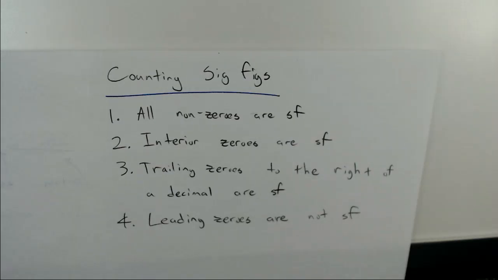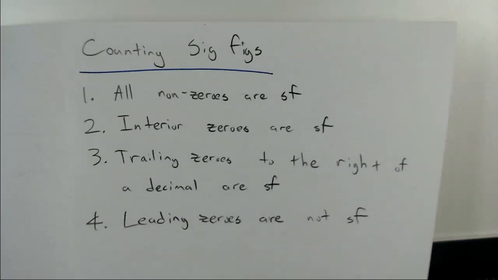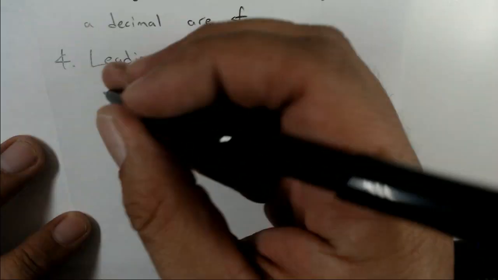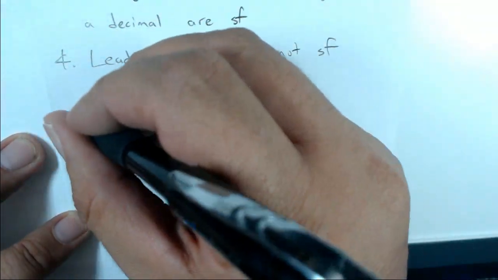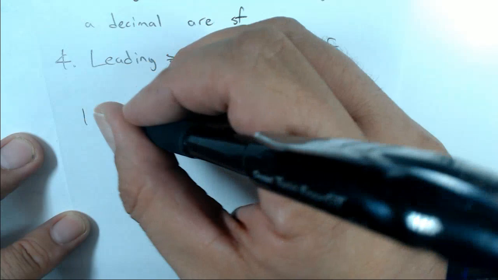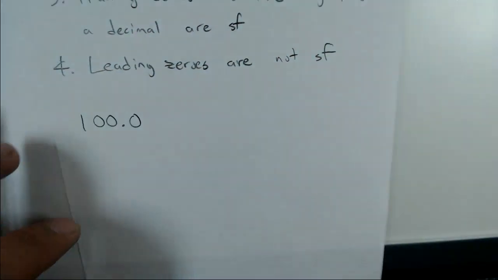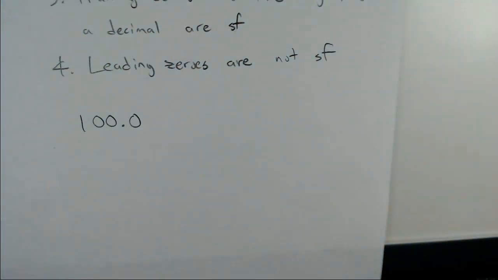All right. So let's go ahead and take a look at a few numbers. Basically, you're doing your homework problem. You have the numbers written out for you. How do we deal with them? So let's start with the simple one. I believe this one. How many significant figures are in that number?